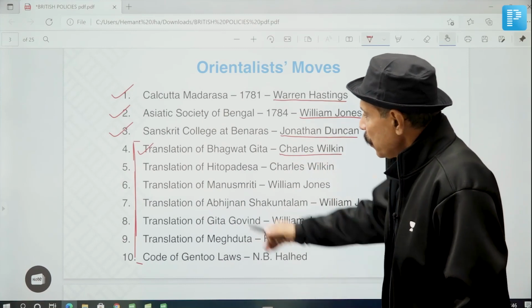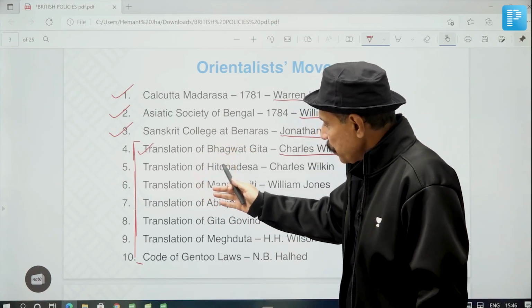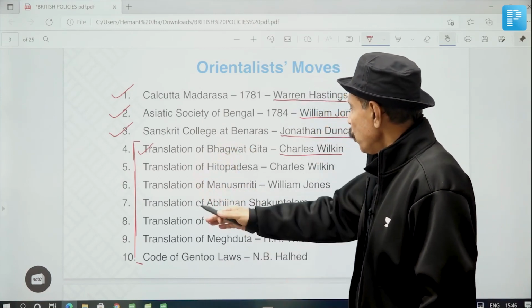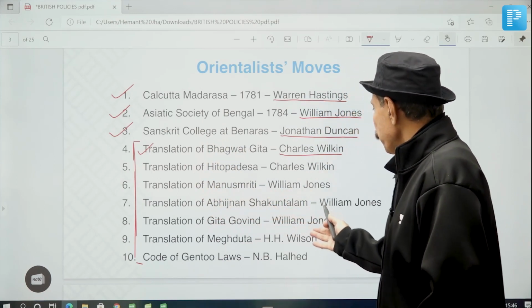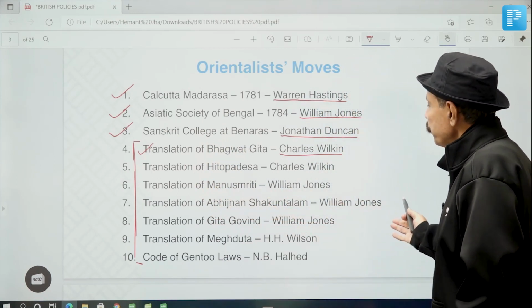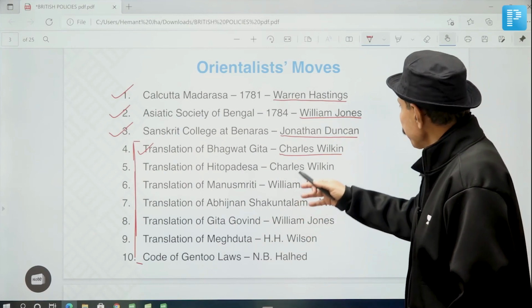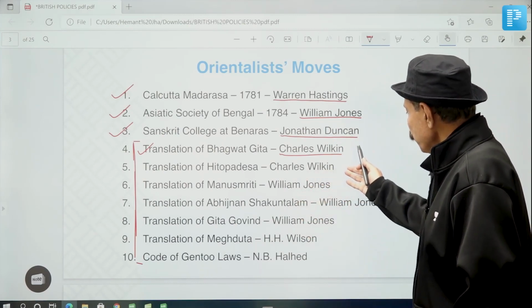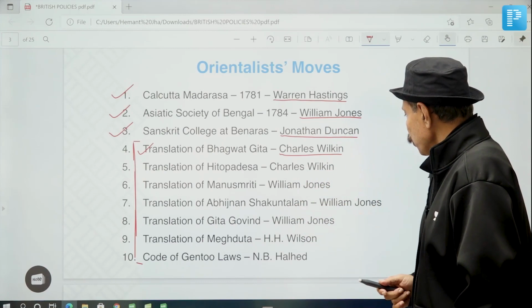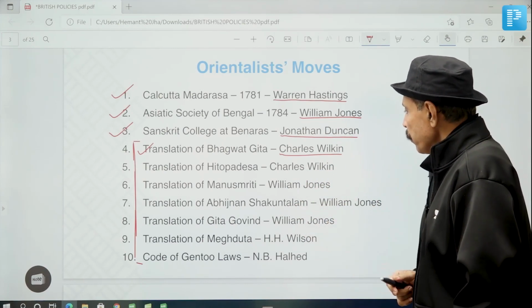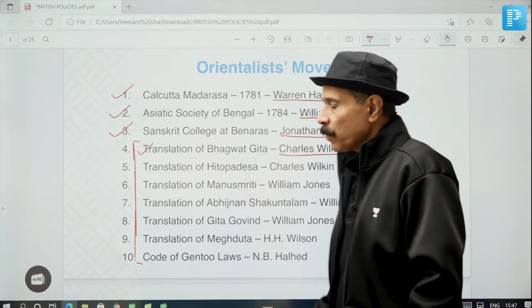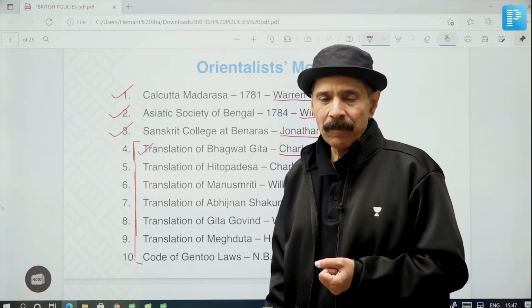Similarly, 5th, 6th, 7th, 8th, 9th. They were all translations of different texts by different Orientalists like Charles Wilkin, William Jones, H.S. Wilson. And these translations were also meant for knowing India.